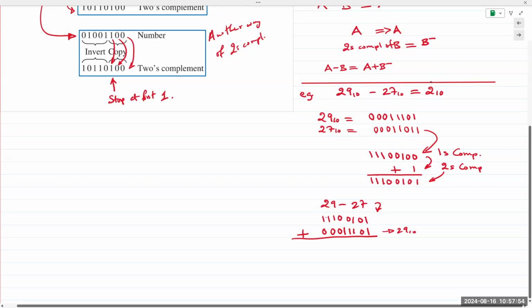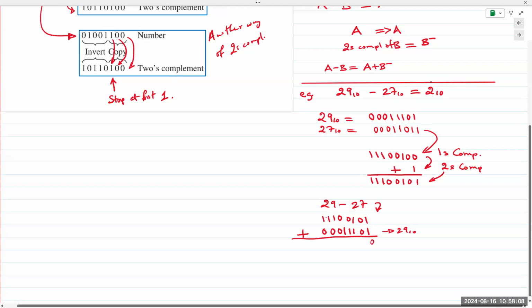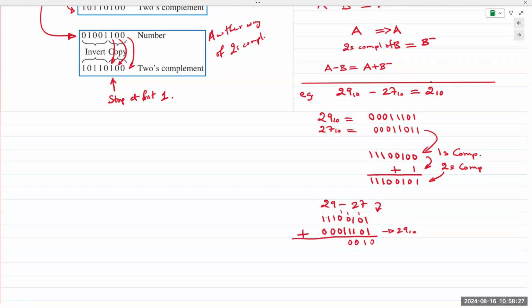Once you add these two numbers together, let's see what you get. Starting with the least significant bit at the far right, 1 plus 1 gives 10, so 0 here, carry forward 1. 1 plus 0 plus 0, answer is 1. 1 plus 1 gives again 0, carry 1. 1 plus 0 plus 1 gives again 0 and carry 1.